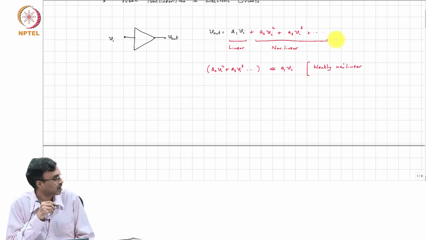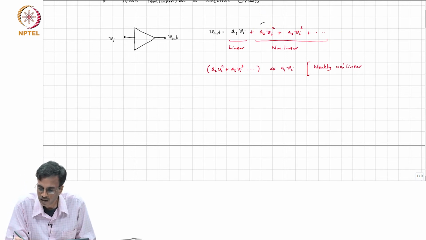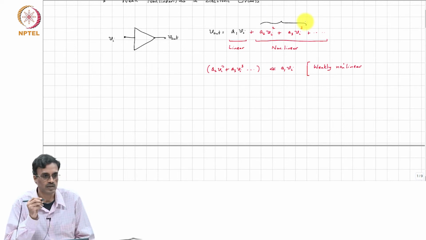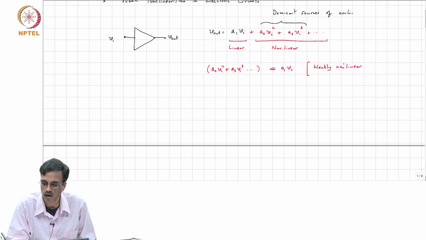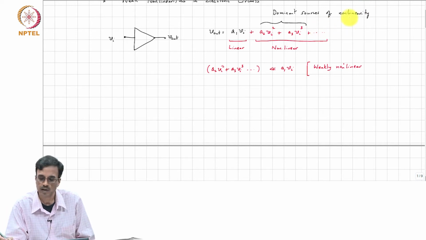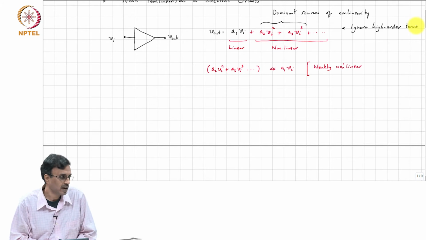And because the nonlinear terms are very small, typically it is only these terms which are dominant sources of nonlinearity, and the higher order terms are ignored, at least for hand analysis.